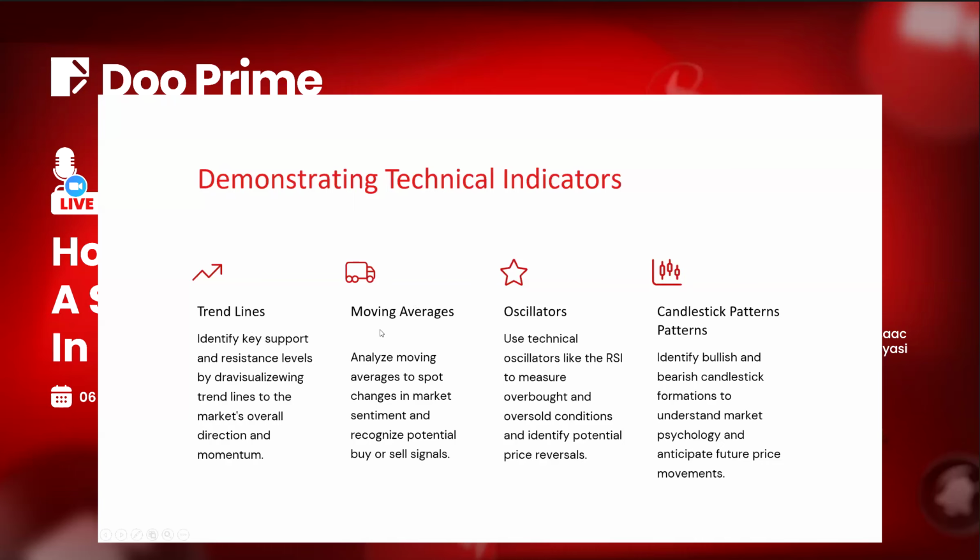I haven't shown you moving averages, but I've shown you the trend lines and oscillator. We have seen some of the chart patterns. We have not seen candlestick patterns. That is a whole course on its own. So we will look at them one after the other. Like I said, we cannot use one day to explain all of these things.